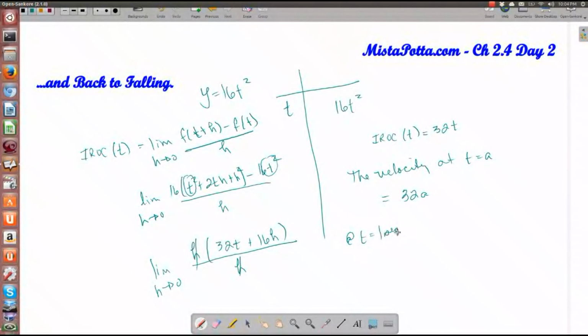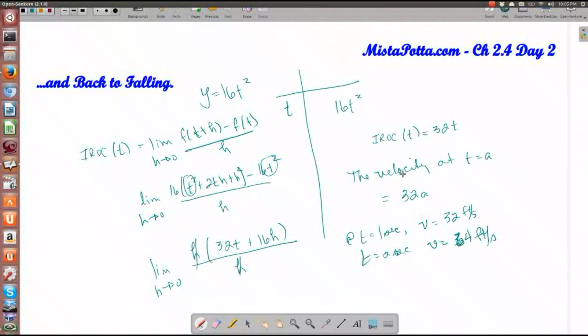And so in our particular case that we've been using, at t equals 1 second, the velocity was 32 feet per second. But if I'm dealing with t equals 2, then my velocity would be 2 times 32, or 64 feet per second. And I can substitute any time I want into this formula.